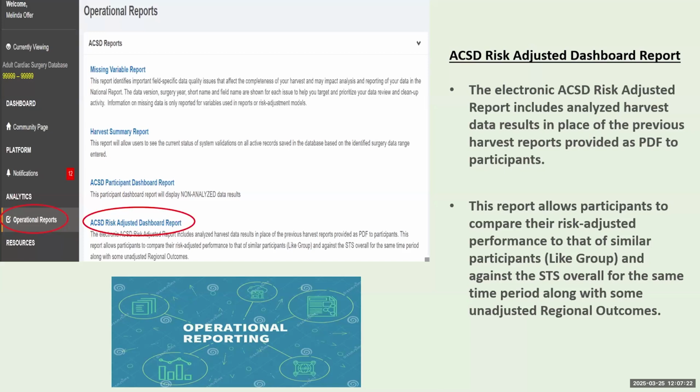So the old report got replaced by this electronic report. Your risk-adjusted report is basically your old harvest report that you used to get in the email, print off, and run to the surgeon. It's in IQVIA under the operational reports, and then you'll see your risk-adjusted dashboard report.